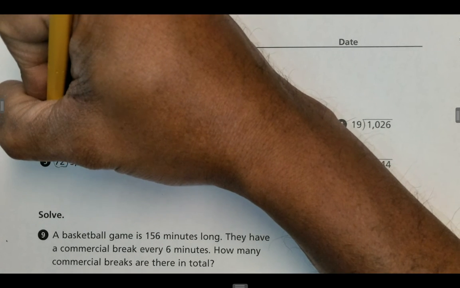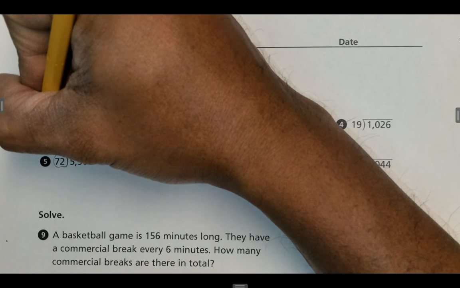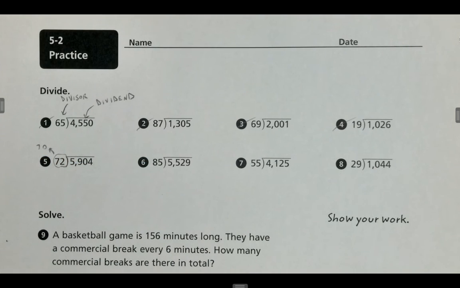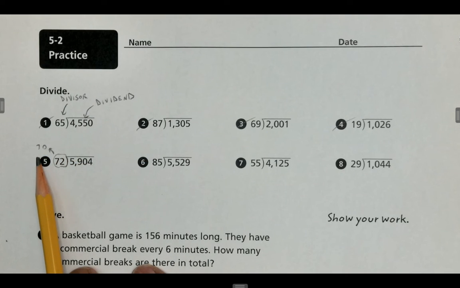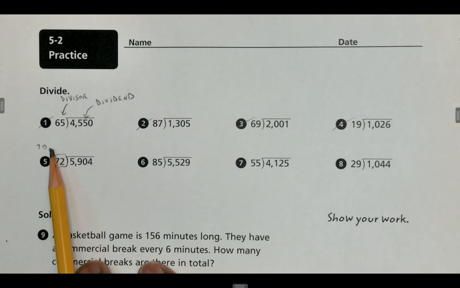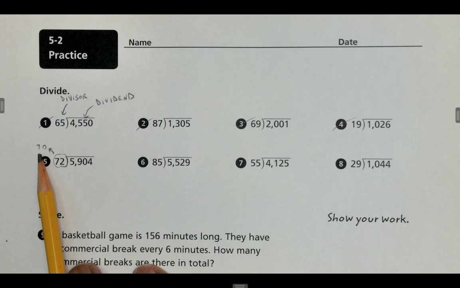In my mind, I'm going to think 70. Now, if you know your 7 times facts, then you know your 70 times facts. Just add a 0. In other words, think of your 7 times facts. 7, 14, 21, 28. Now, add a 0 and you've got yourself your 70 times facts. 70, 140, 210, 280.